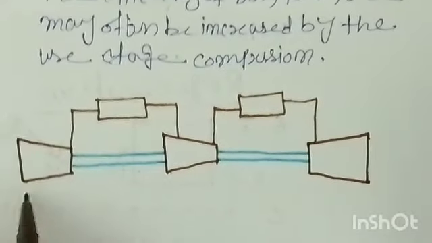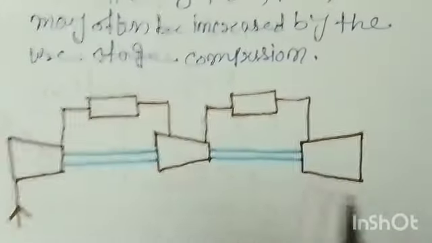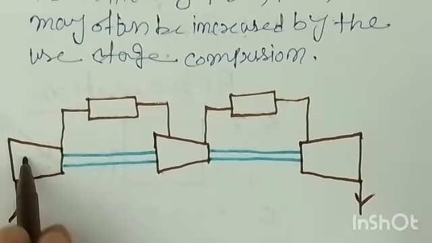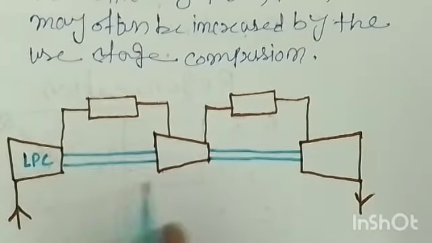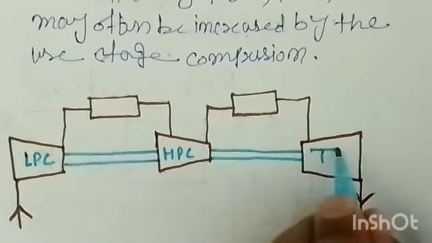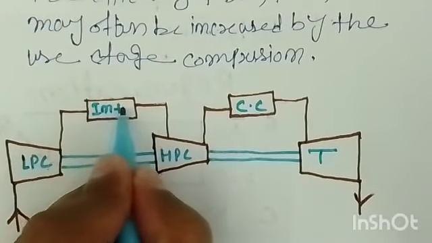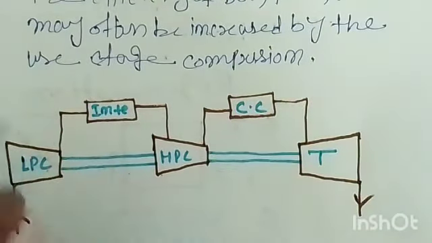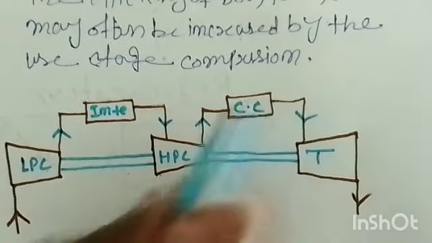This is the inlet of the compressor and this is the exit of the compression. This is the LPC, low pressure compressor, HPC, high pressure compressor, the turbine, CC the combustion chamber, and this is the intercooler. The direction of gas is in this manner.